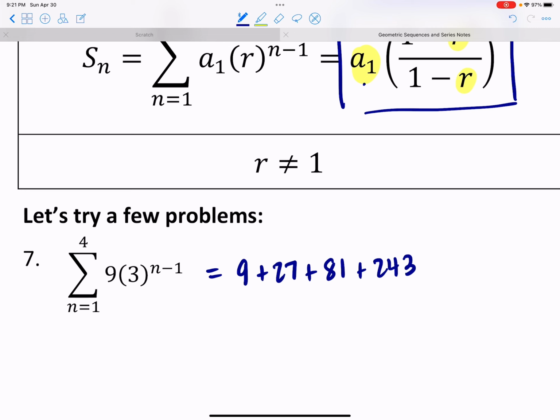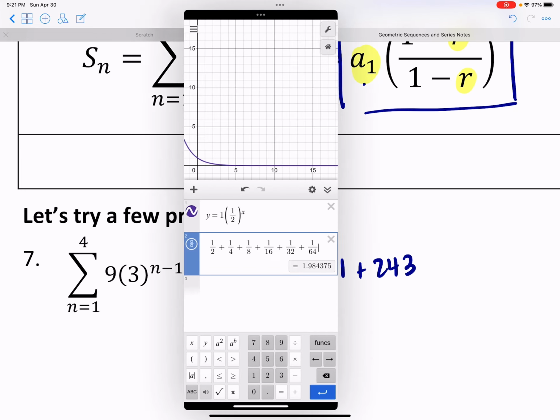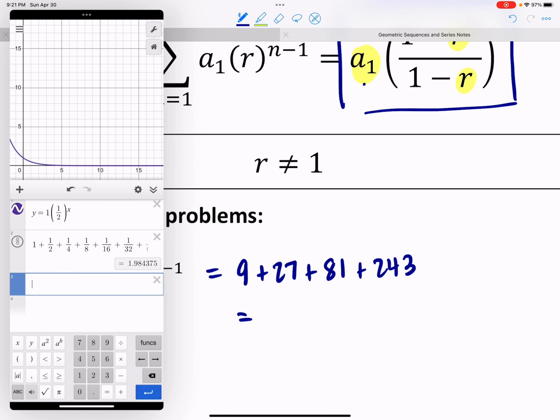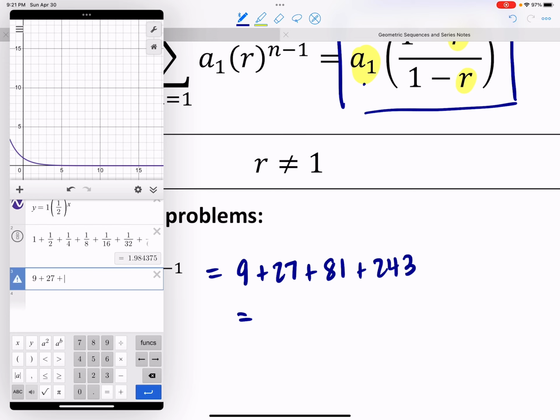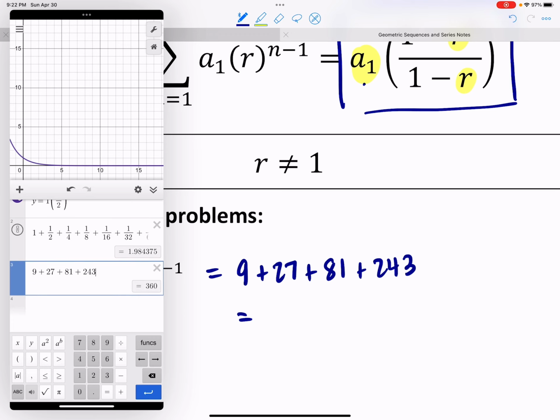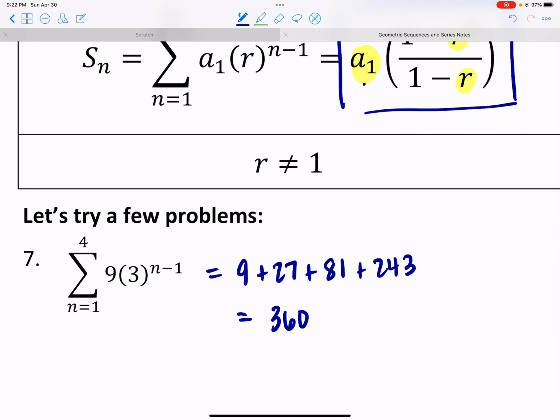So without even a calculator, I know the 4 numbers that I'm trying to add, and now I can just add them. So 9 plus 27 plus 81 plus 243 means my sum is 360. So I did not need anything fancy for that, and if that's the case for you, then you don't use a formula. So here is the sum for those 4 terms, 360.